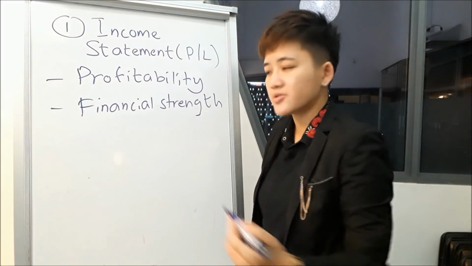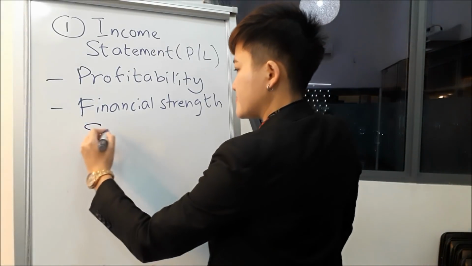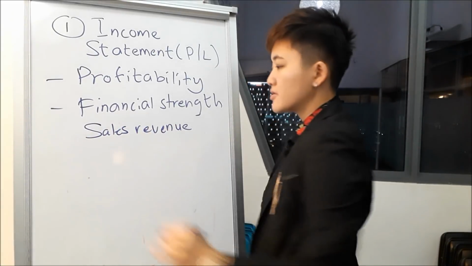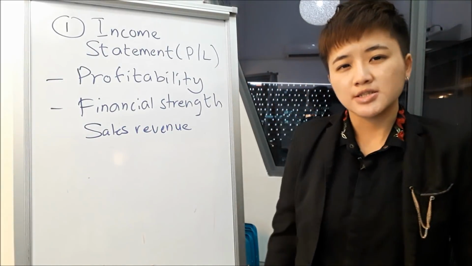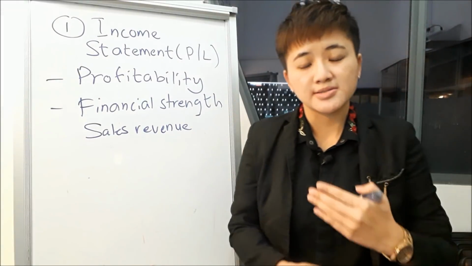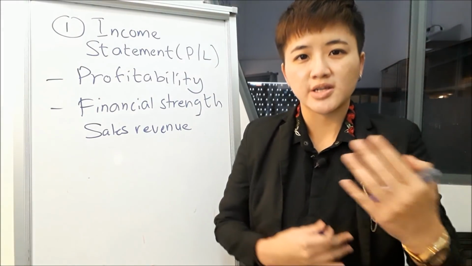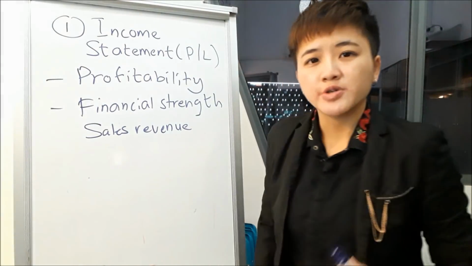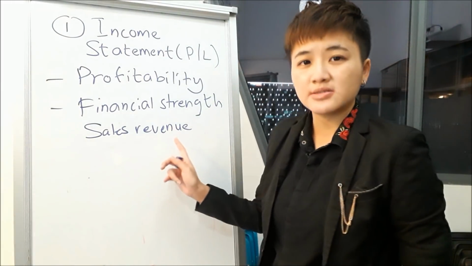So when a company earns money, they would have sales revenue coming in, okay? This is money that they earn when they sell their products, when you sell your service. Let's say, for example, you sell handbags. The money you earn from selling handbags would be your sales revenue.